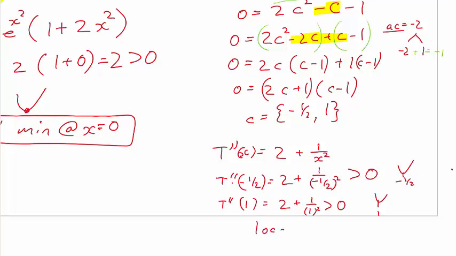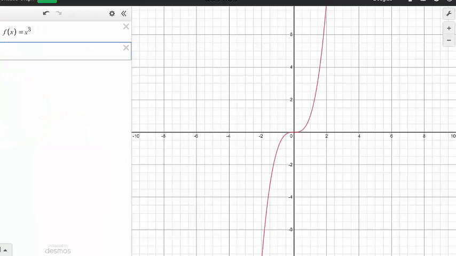So we have local mins at x equals negative 1/2 and positive 1. Okay, so let's go ahead and take a look at a graph of these by everything.